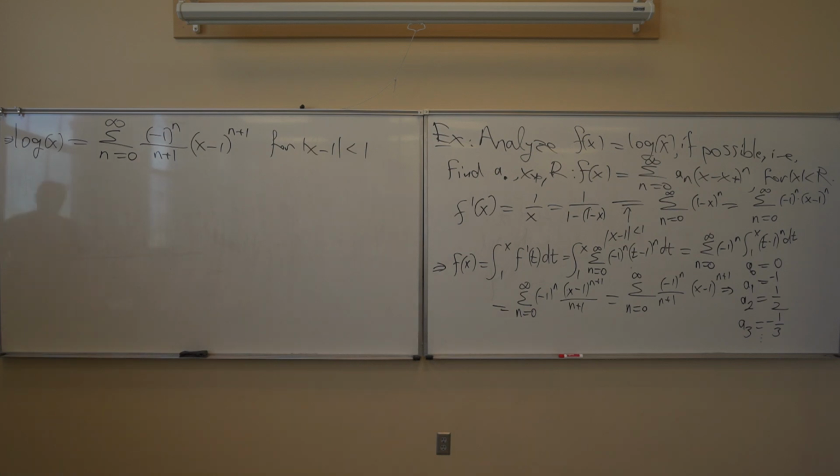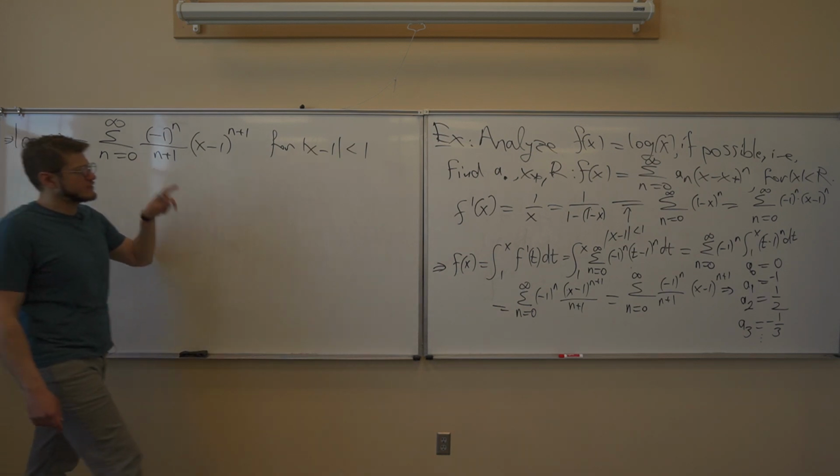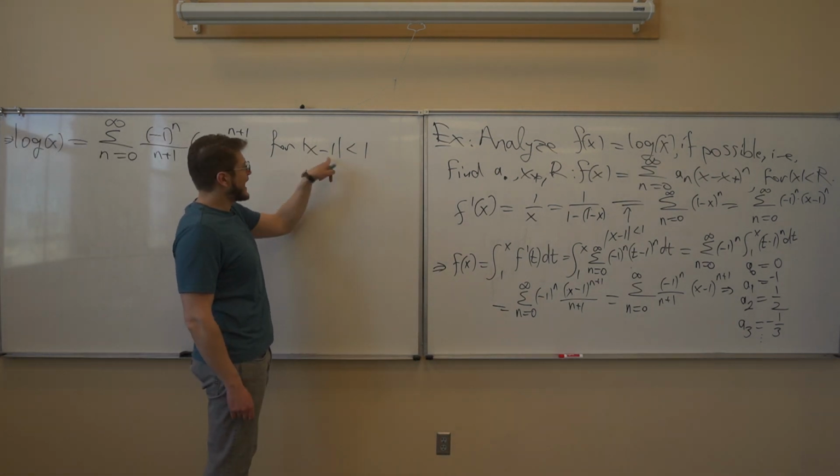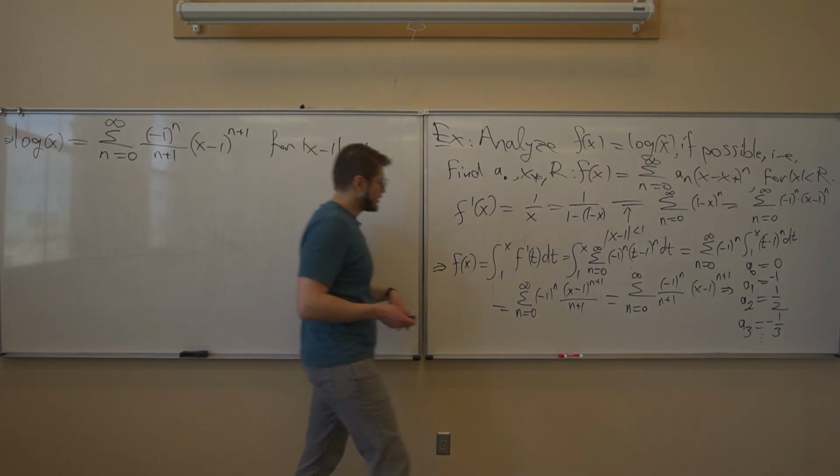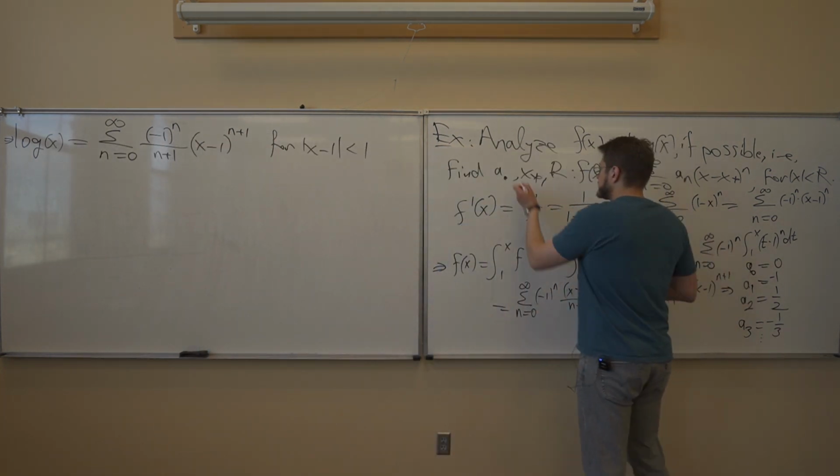Okay, and indeed, the radius of convergence of the series, I'm going to leave to you, is indeed 1. X star, remember, was 1 as well. That's what we chose.